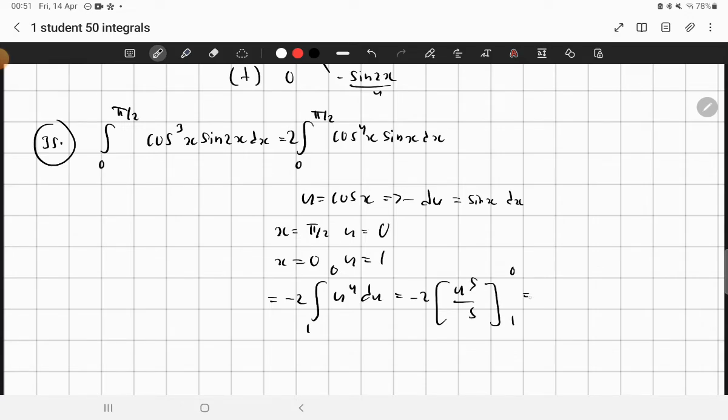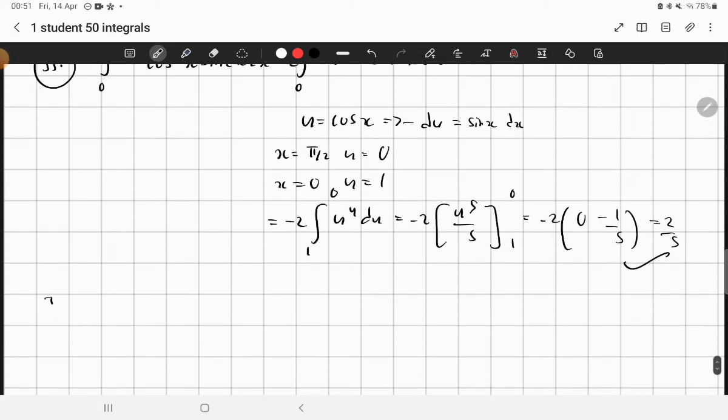You can solve: negative 2 times 0 minus 1 over 5, which is 2 over 5. Yep, same answer.